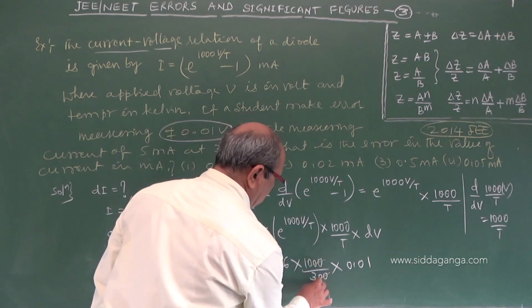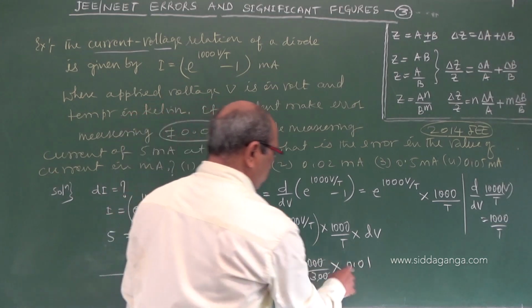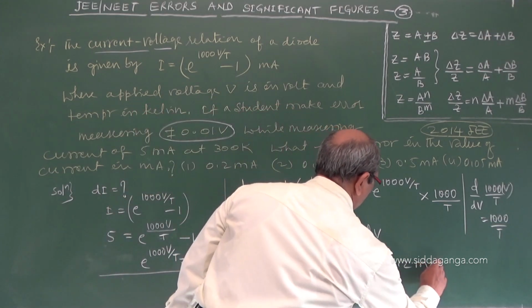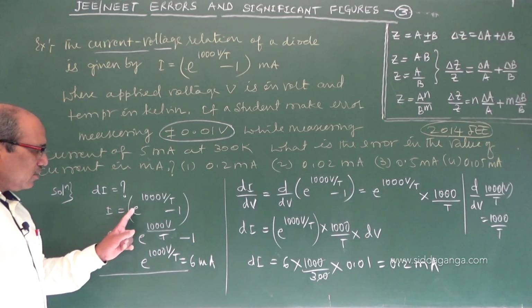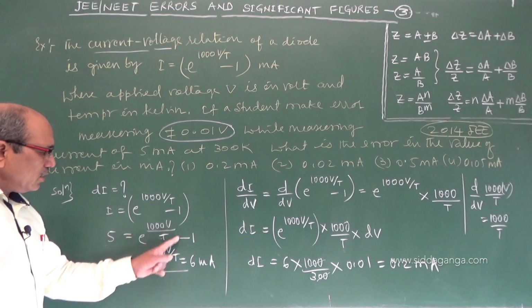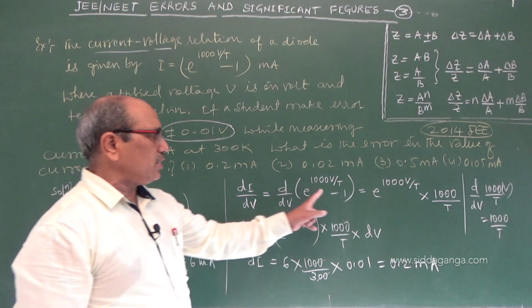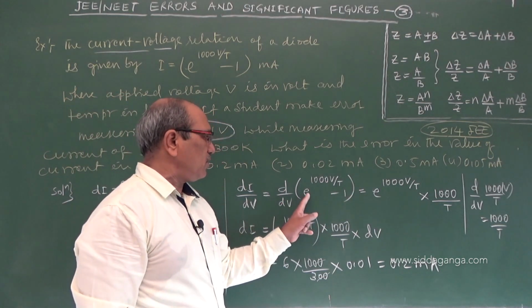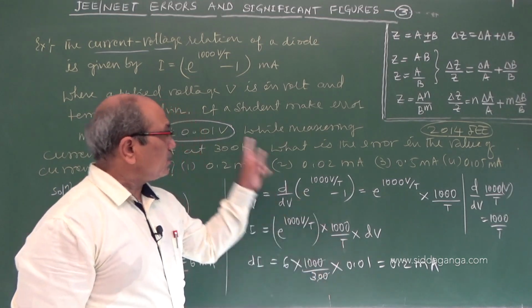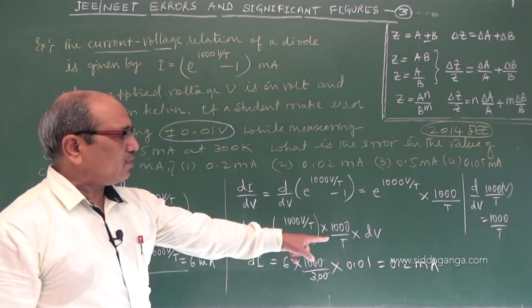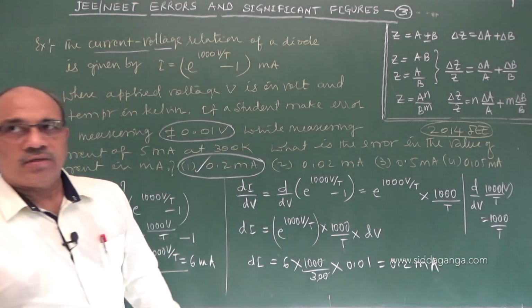Here 2 cancels, here 1 cancels, 3 twos are 0.02, into this becomes 0.2 milliampere. I hope you got it. We got the value 6 milliamps by bringing the minus 1 to this side. dI by dV is the relation we got, the differentiation of I with respect to V. You know this value, T is 300 given, dV is 0.01, and we got the answer. The first one is the option.